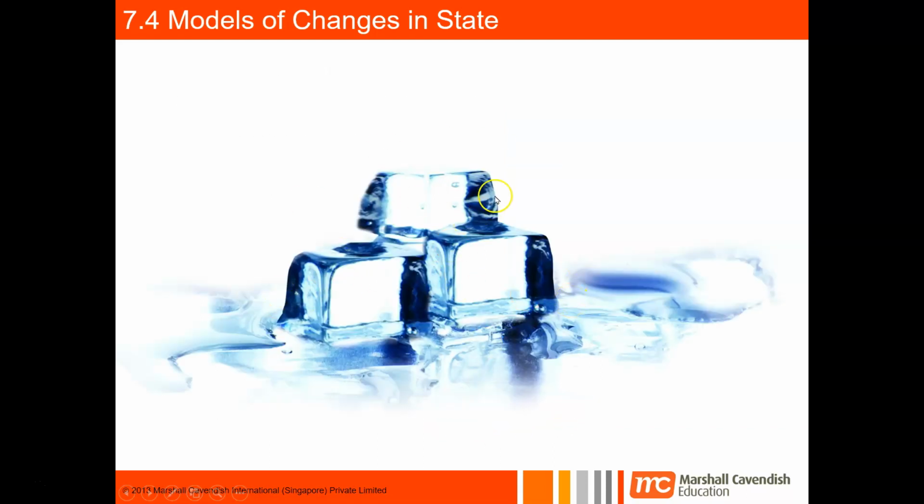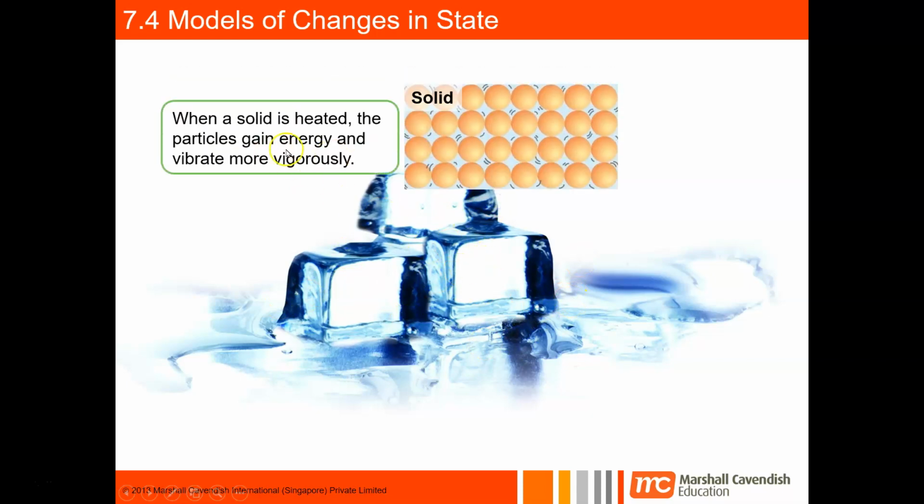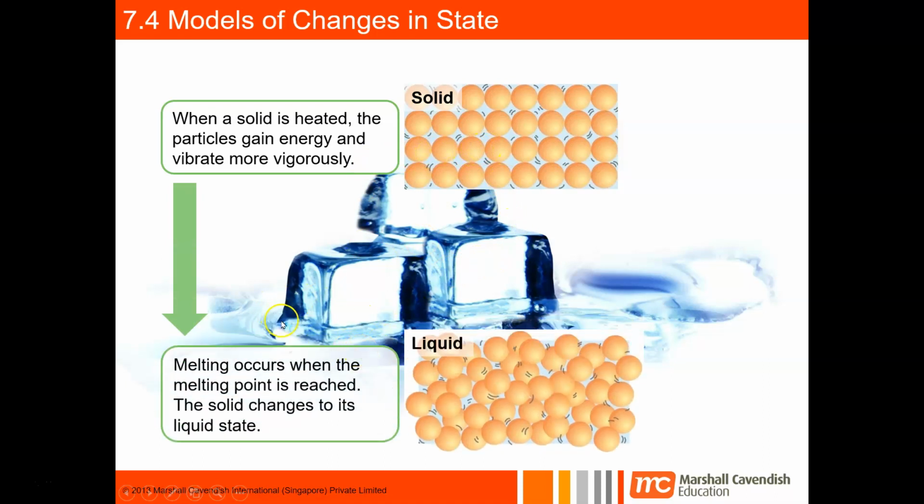Here is a picture of some ice. And when a solid is heated, the particles would gain energy and vibrate more vigorously. We have covered this before. So what actually is happening? If we have a solid and energy is coming into this system, the particles start to vibrate.